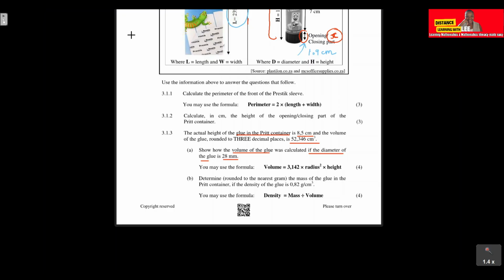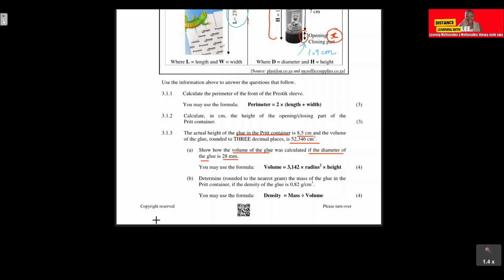Now we want to calculate volume, and we're calculating the volume of the glue, not the container. So we need to use all the values given to us that relate to the glue and not the container.